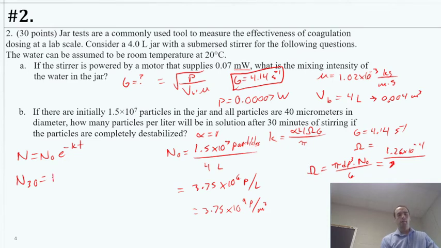would be this n naught, which we solved for, times e to the minus k, which all these things put together we can solve for a k. So that is the other thing I checked. If you had gotten the omega right, and the g correct, then you should also get this part correct. It was 6.63 times 10 to the minus 4 per second.